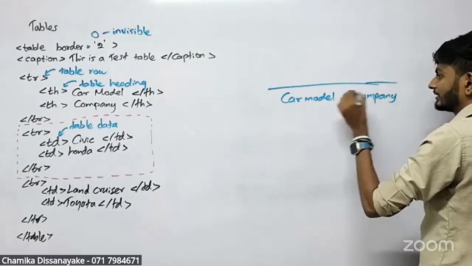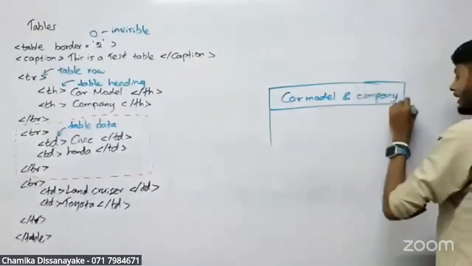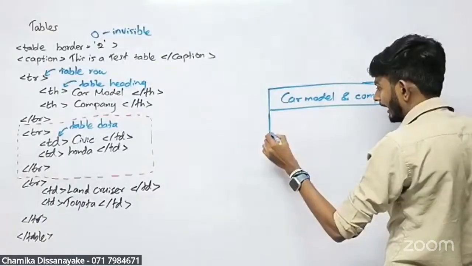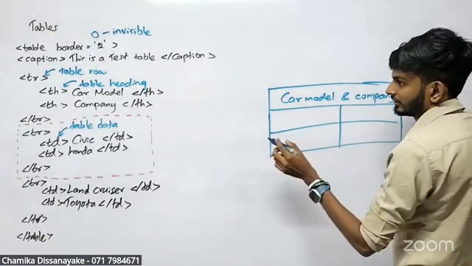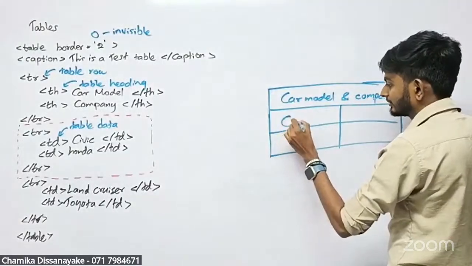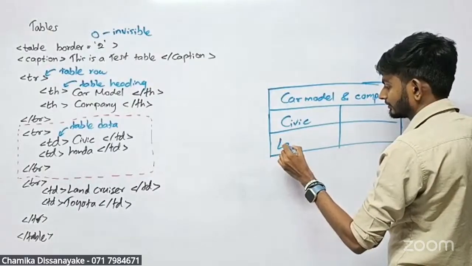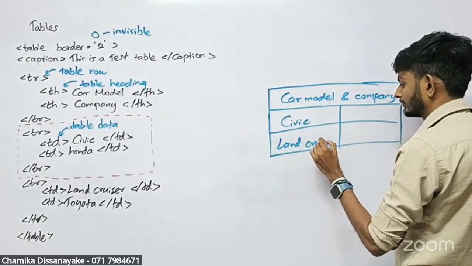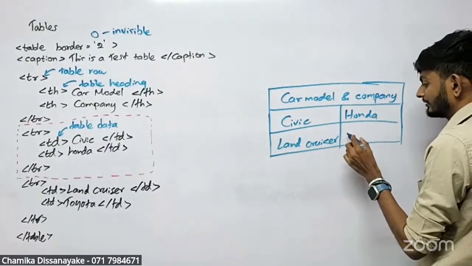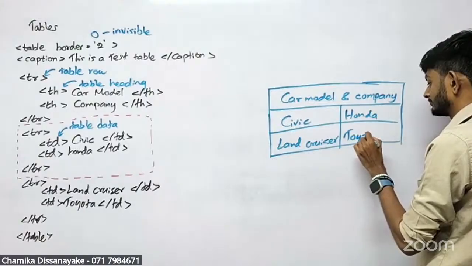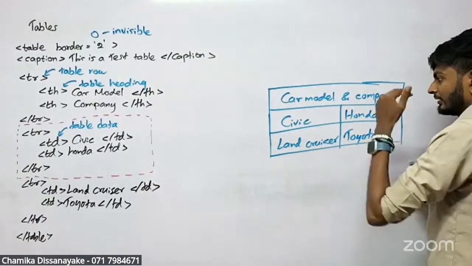Like it is one cell. And the other ones have two, as in the previous. We had Civic, and here we have Lanka. We had Honda, and here we have Toyota. Like this. We have changed.